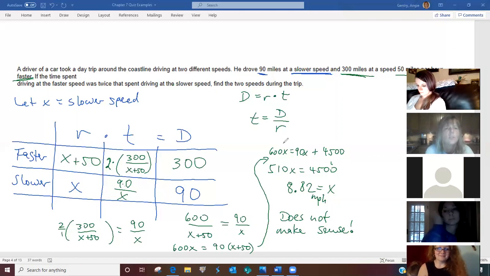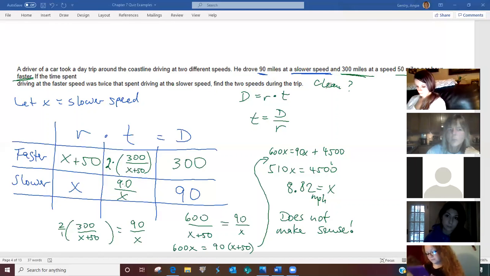Twice that spent driving at the slower speed. Find the 2 speeds during the trip. Oh, because we didn't find the... They're going at different speeds, right? Is it possible that the faster... we can check our work, but usually this is a clean number.